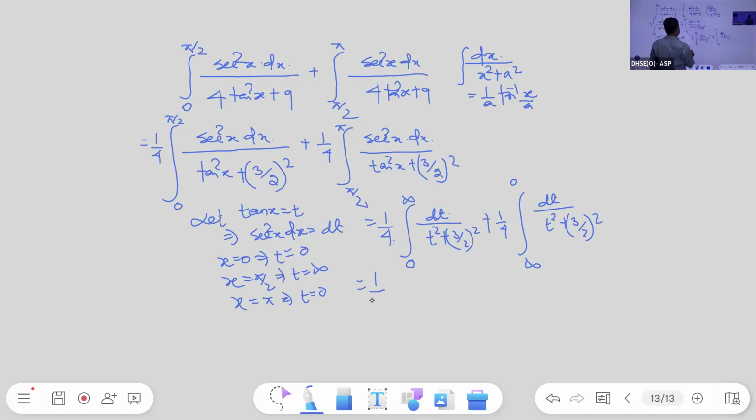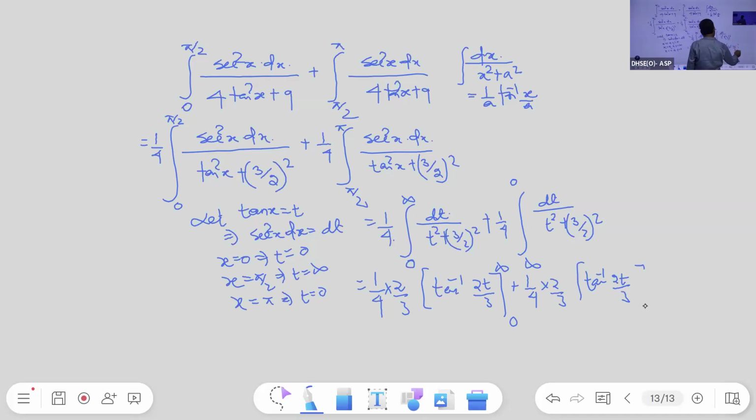This is equal to 1 by 4 into 1 by 3 by 2, that is 2 by 3, into tan inverse x by a, that is 2t by 3, limit 0 to infinity, plus 1 by 4 into 2 by 3 tan inverse 2t by 3, limit infinity to 0.